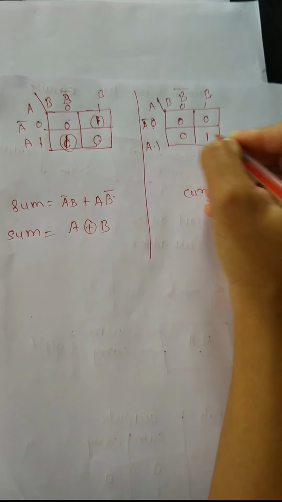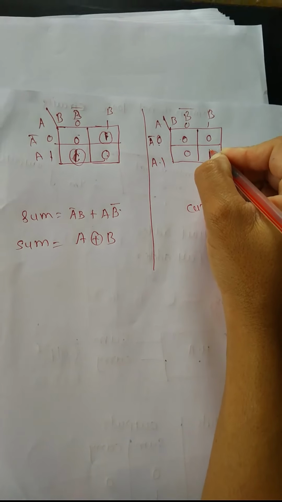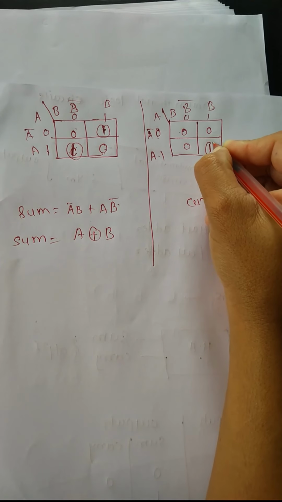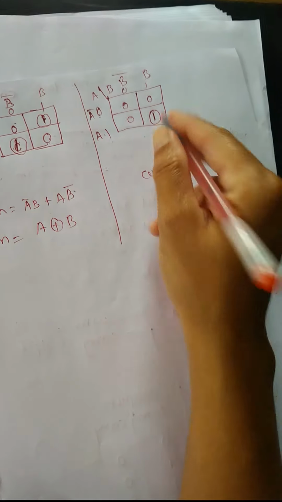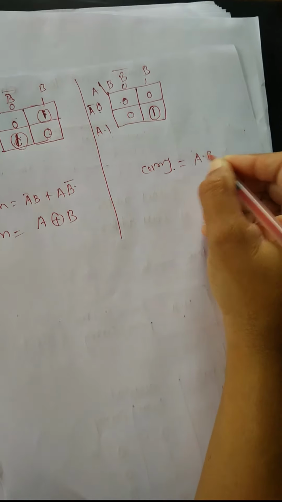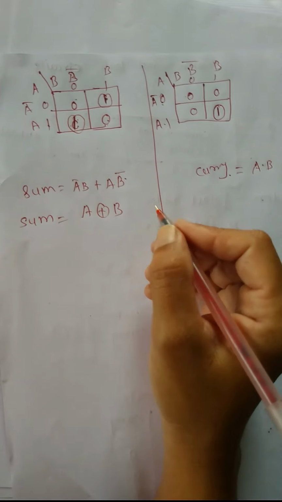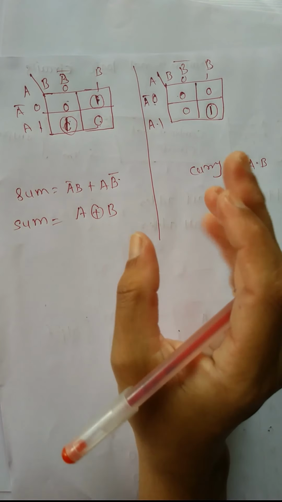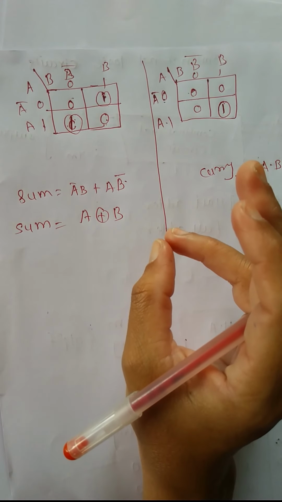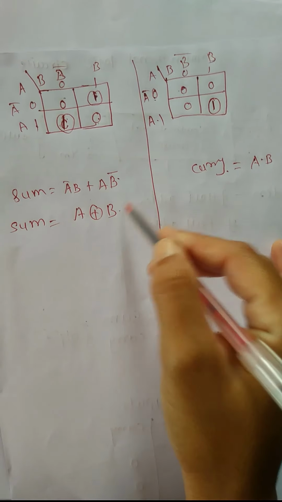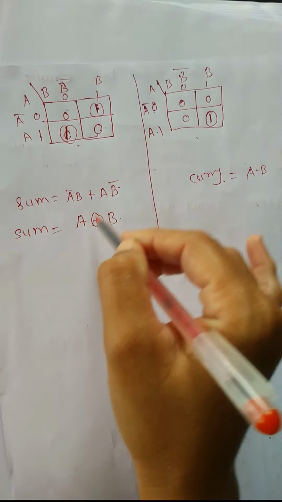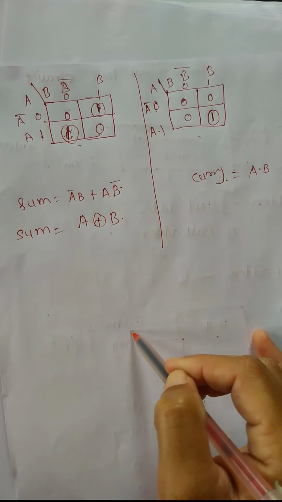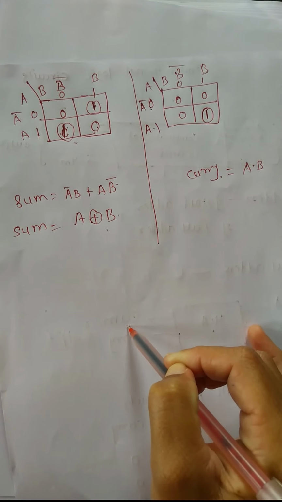So there is only one 1, and for that there is only one group, and the equation is A into B. These are the steps for designing combinational circuits: first the statement, block diagram, truth table. From the truth table you design the equation. For that equation you use the K-map simplification method, and after that you design the circuit, the half adder circuit.